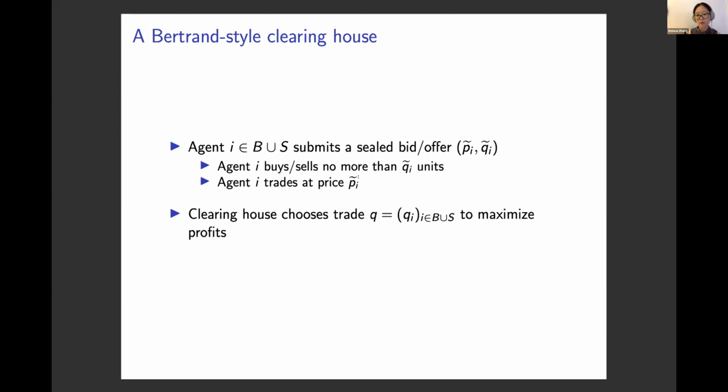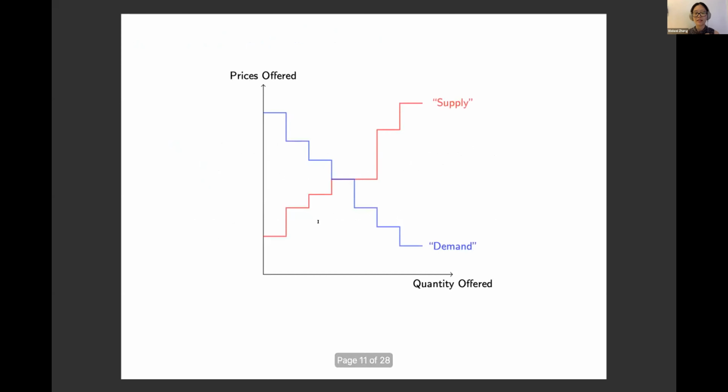And all trades are voluntary, so no one sells or buys more than what they proposed. And the main part is how the clearinghouse decides trade. So here our clearinghouse will choose trade to maximize its own profit. So it will act as an intermediary and buy from the sellers and sell to the buyers.